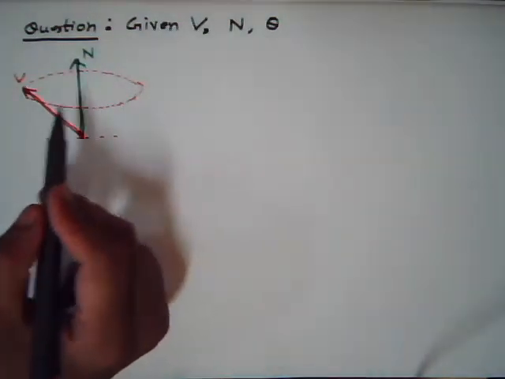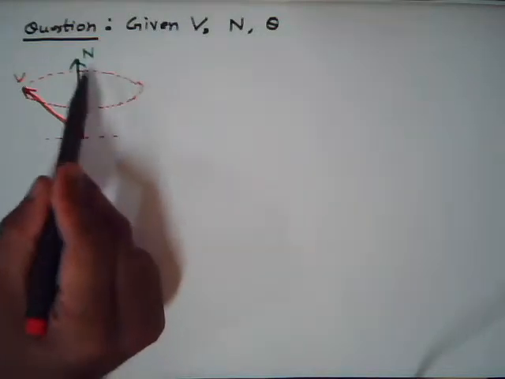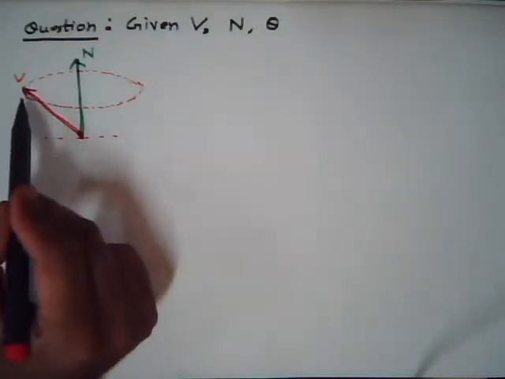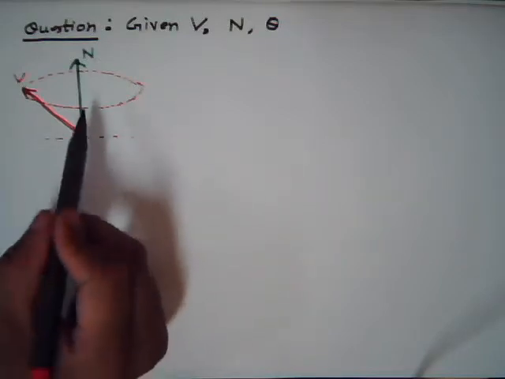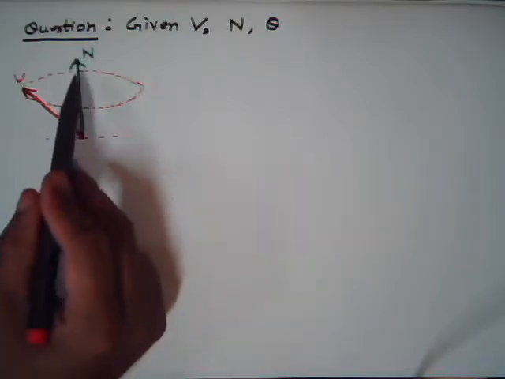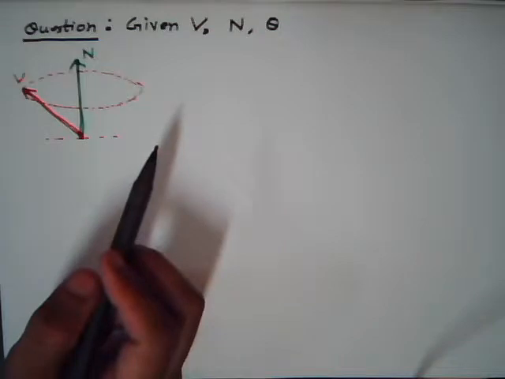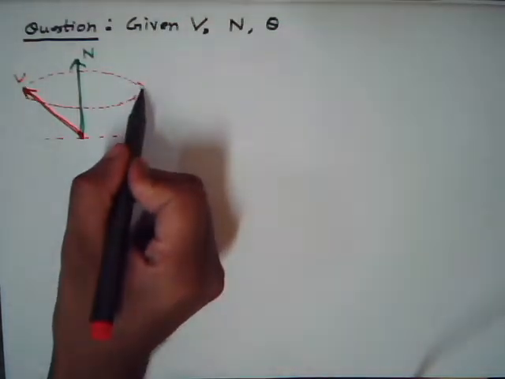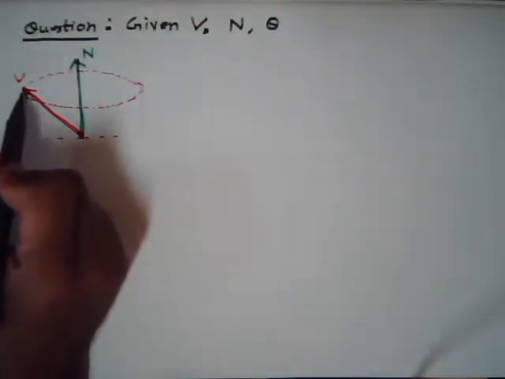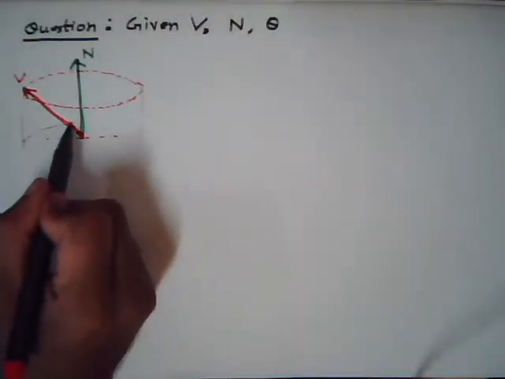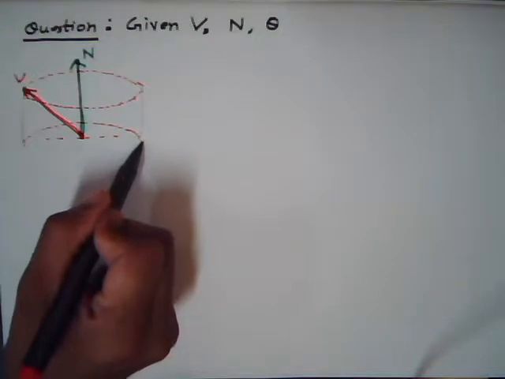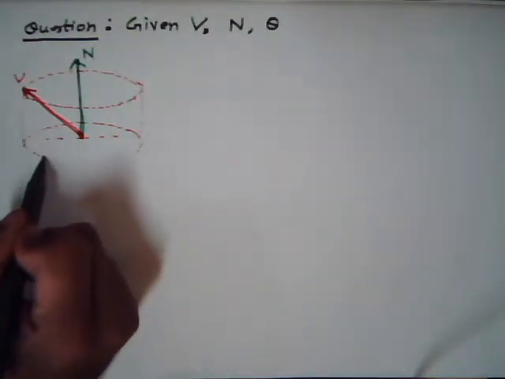And then we project this circle along which the vector V rotates on this plane, passing through the origin and perpendicular or orthogonal to this vector N. So after projection, this is the projected circle.